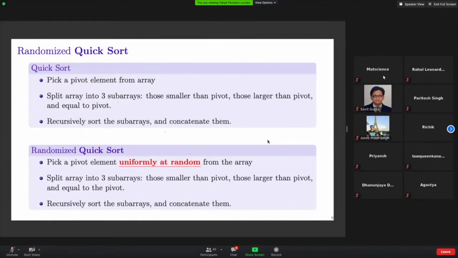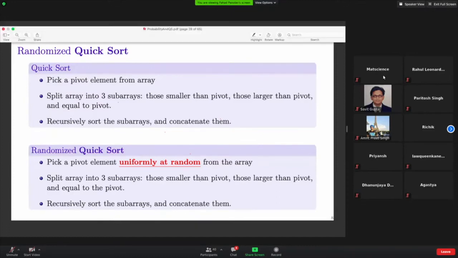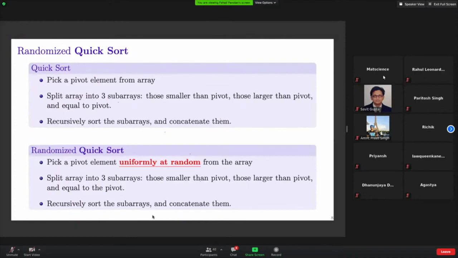What is the worst case running time of quicksort? You all have studied it by now, right? O of n square, yeah. And the average case running time is order n log n, so we will come to that.